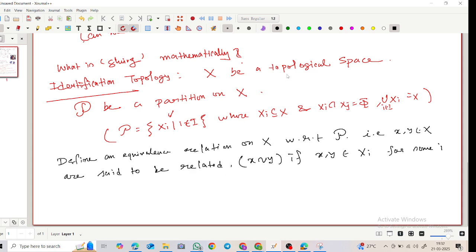Okay. So check that it is indeed an equivalence relation.